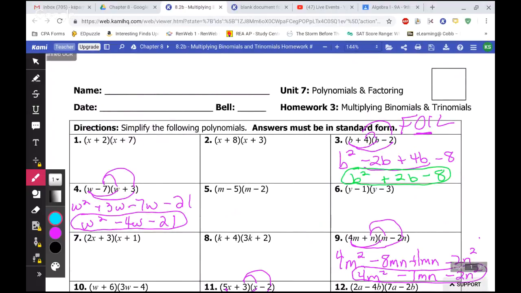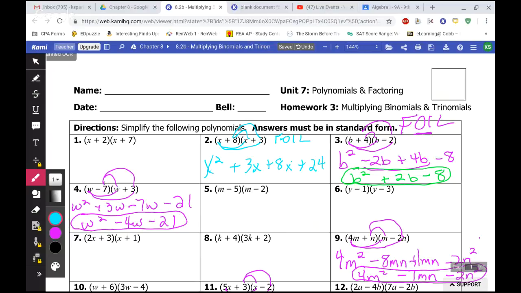So number 2, you're going to FOIL. So first, x squared. Outer, x times 3, so 3x. Inner, plus 8x. And then last, I'm sorry, 24.